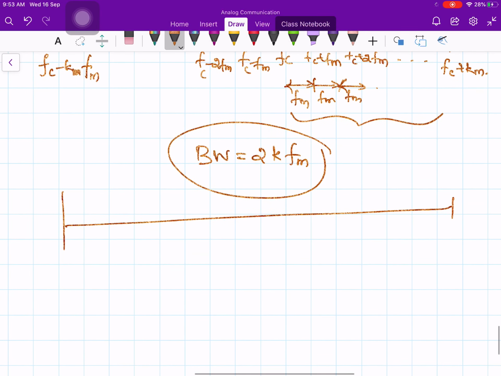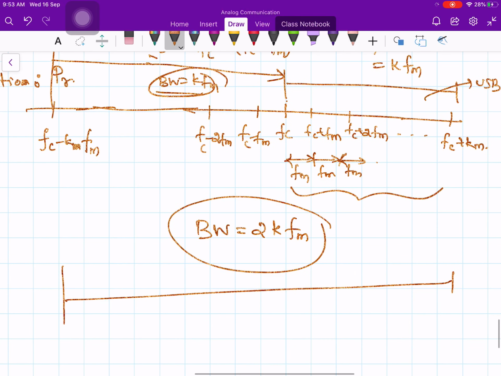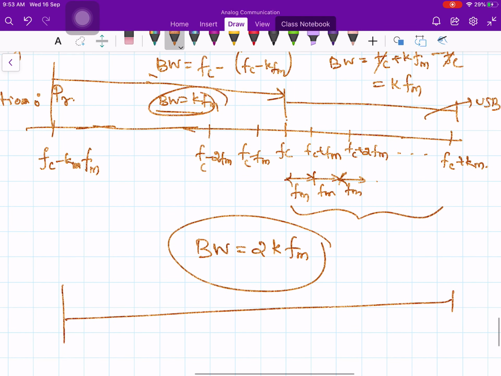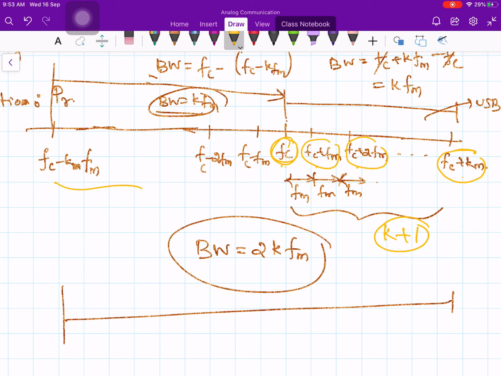Now, what will be the power contained in these components? How many components are there, by the way? You have Fc as one component, second component, third component, up to K number of components. If you add up Fc also, how many components are there? K plus 1 components, because including Fc, first term, second term, third term, up to the Kth term. So K plus 1 terms on this side. Let us say K equals 4, then what will happen?